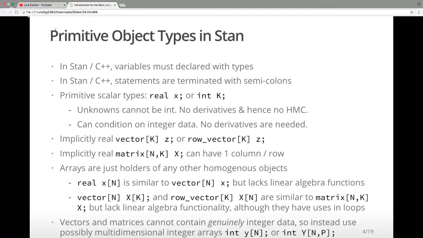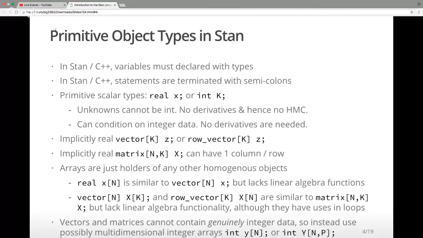But if you need to access things row-wise, then it can be, let's say, more efficient for you to declare this as an array of size n. So you have n rows, so to speak, each of which is a row vector of size k. And then if you need to access the whole thing for observation number 7, you can just do x bracket 7, and now you have a row vector of things that are in contiguous memory.